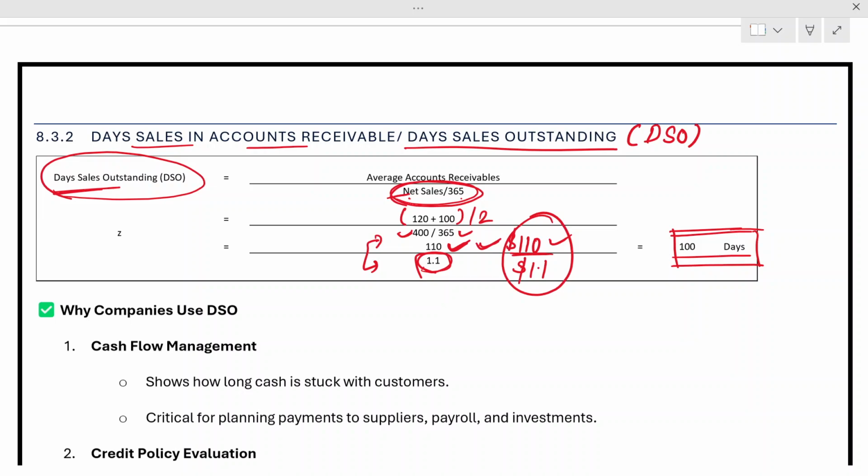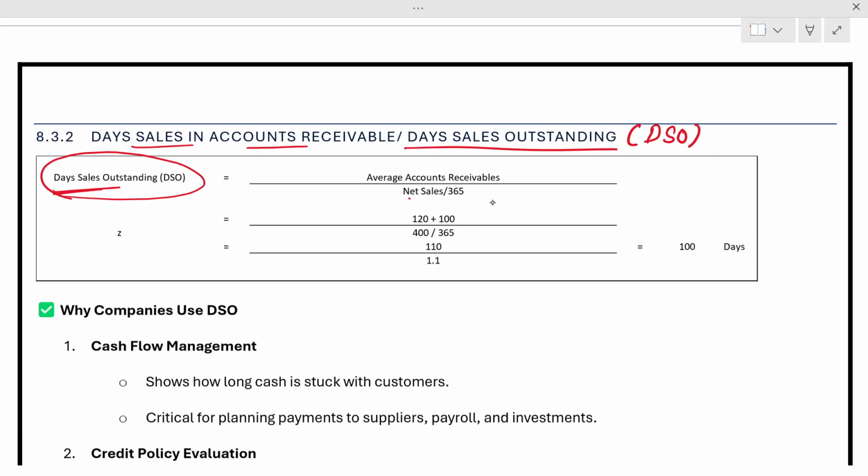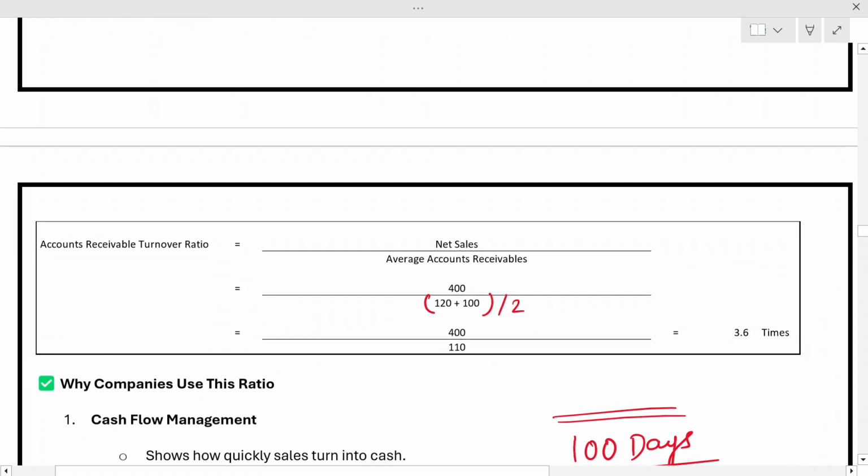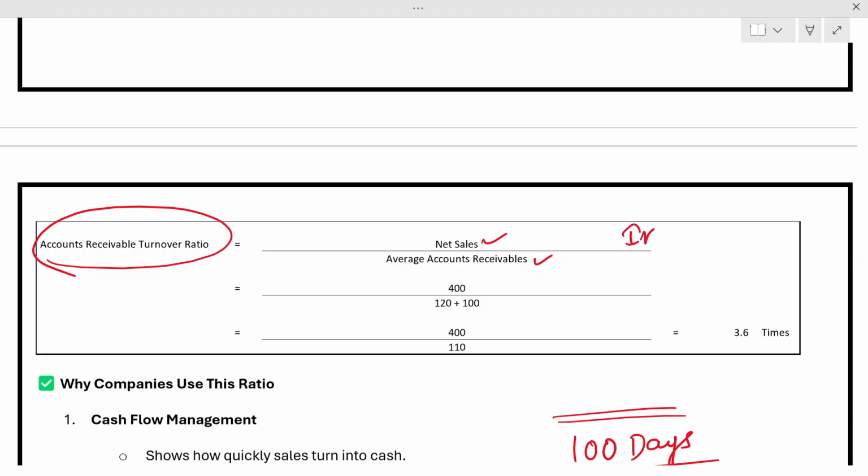Now let me show you the same formula. If we go above, I was discussing this formula of accounts receivable turnover ratio. Now the accounts receivable turnover ratio was net sales divided by average accounts receivable. If you inverse this formula, you can say average accounts receivable divided by net sales.